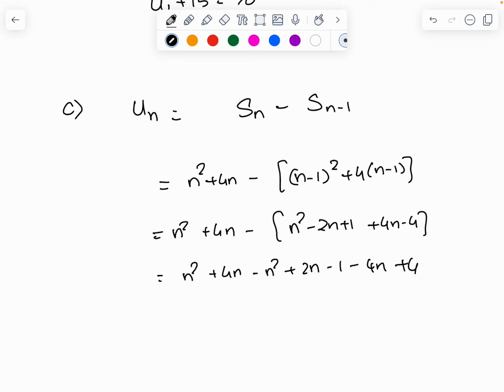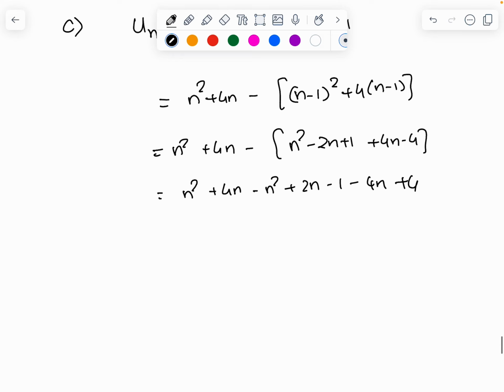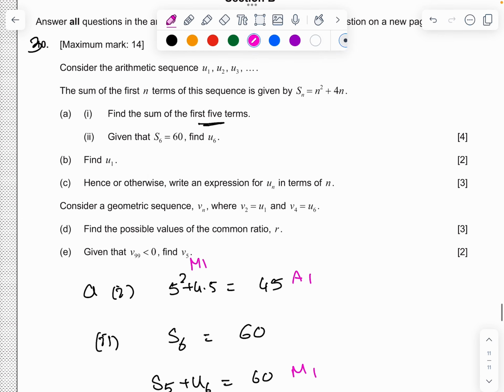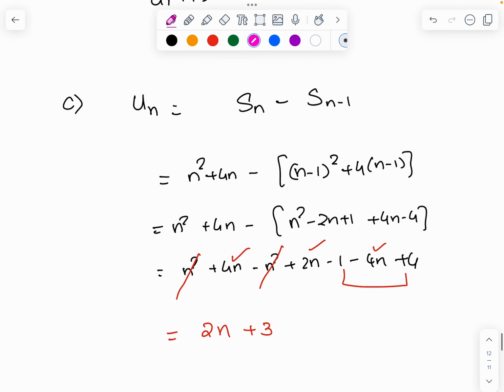Simplify that: n square cancels, 4n plus 2n is 6n, 6n minus 4n is 2n, and 4 minus 1 is 3. So 2n plus 3. And how many marks is this question? This is a 3 marks question: one method mark, accuracy mark, and final accuracy mark.